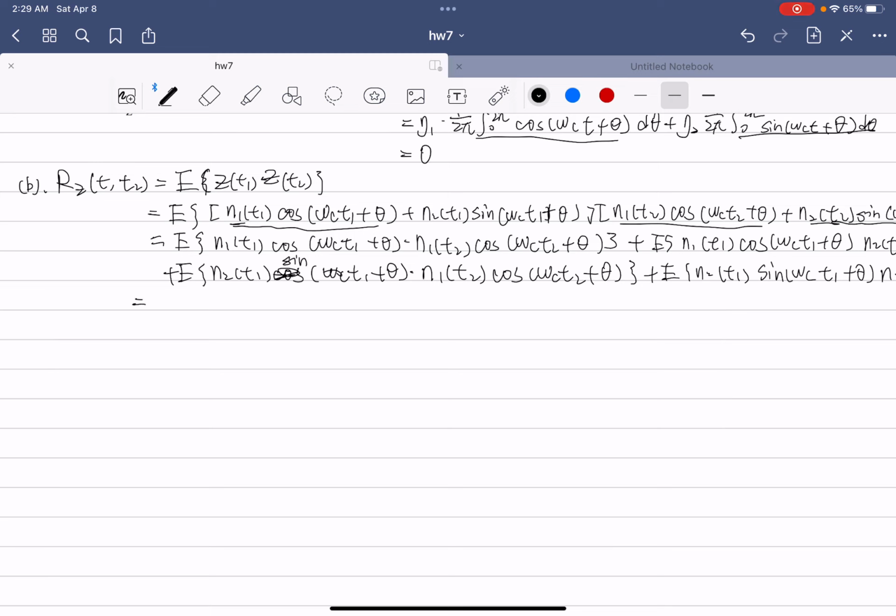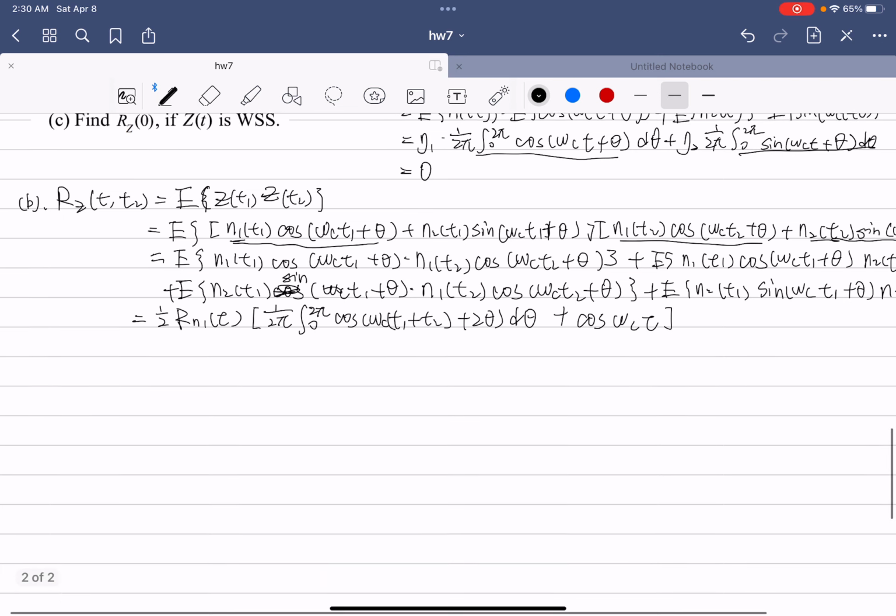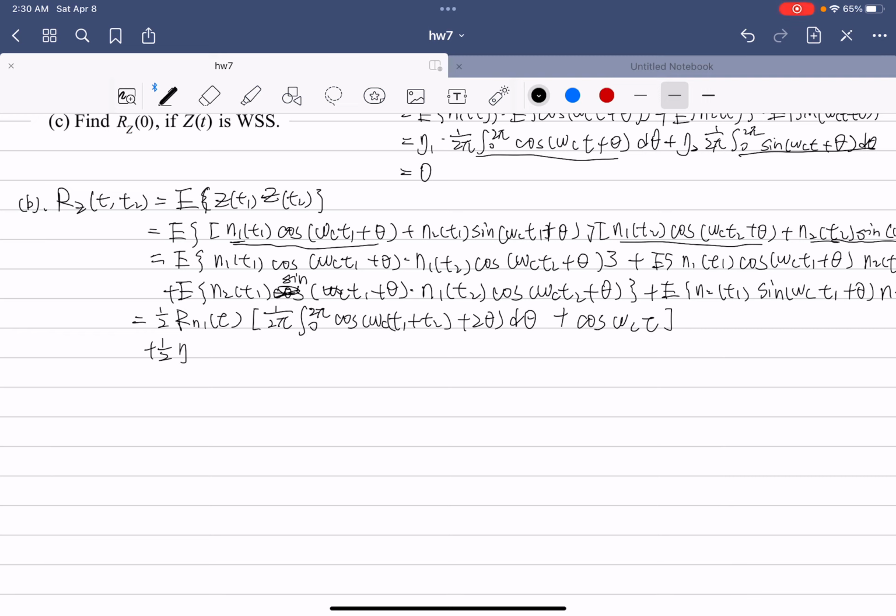After calculation, the result will be about 1/2 Rn1 half, the mean 1 divided by 2 pi integral from 0 to 2 pi cosine omega c(t1 plus t2) plus 2 theta d theta plus cosine omega c tau over 2, then plus half h1 h2, the same from 0 to 2 pi, sine omega c(t1 plus t2) plus 2 theta d theta.